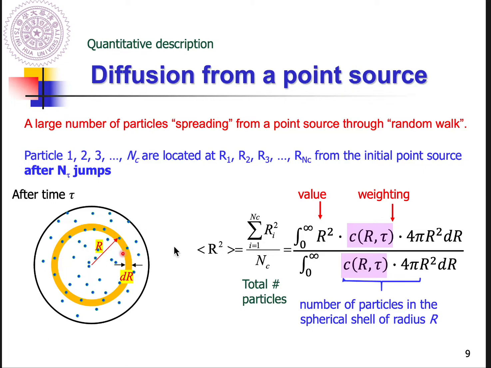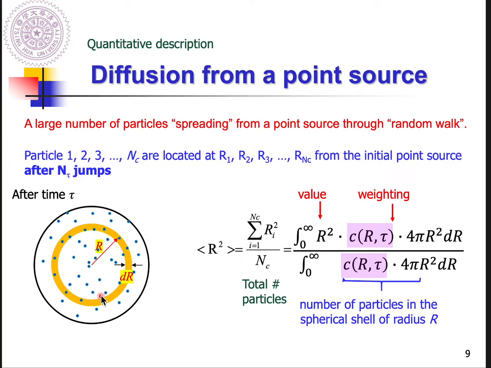So it's R2 squared times the number of atoms located at R, and you integrate from 0 to infinity, then you can get this. After calculation, you get the mean square displacement.